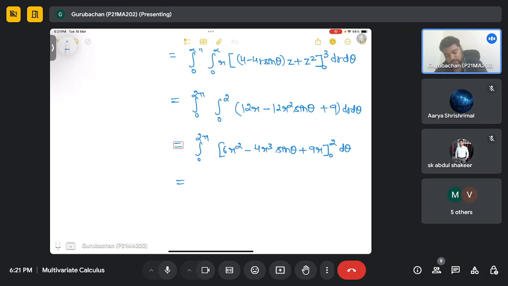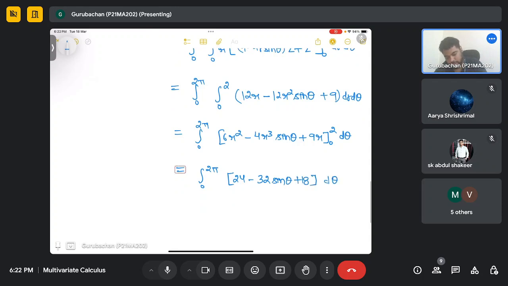This gives 24 minus 32 sin theta plus 18, and 24 plus 18 is 42 minus 32 sin theta d theta.